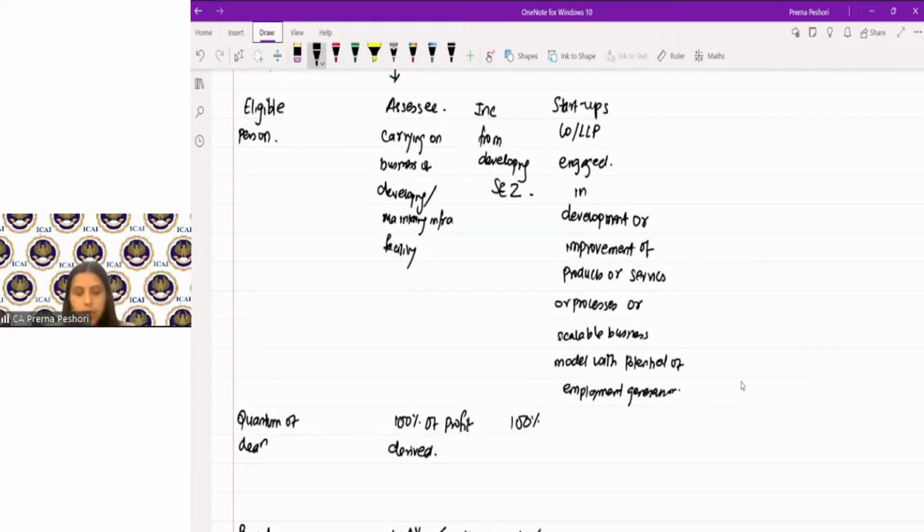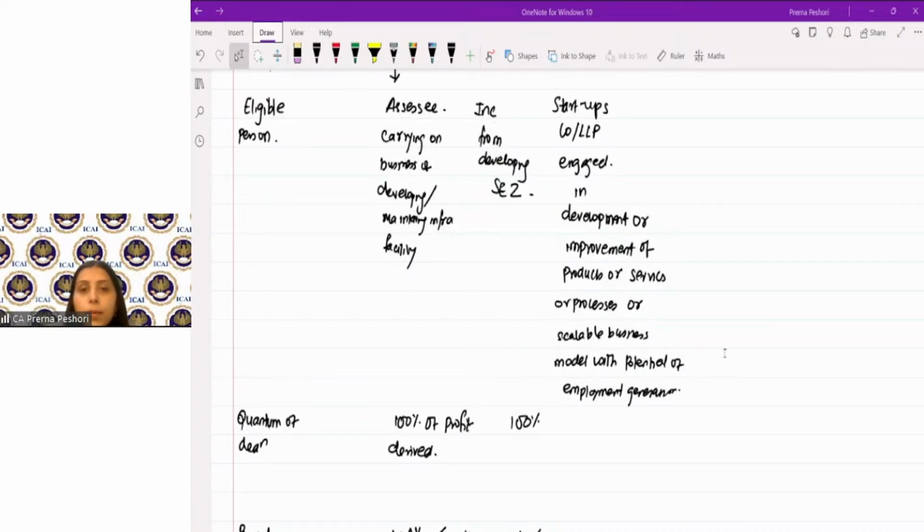Okay. Now, in this particular case, the deduction is allowed to the startups. If you have seen, we have referred to startups at various places under 54GB also. Here also, there is deduction under 80IAC. At 54GB, if you sell the house property and invest in a startup, then you will be allowed deduction, right? Now here, what are the conditions? That it should not be formed by splitting up or the reconstruction of a business already in existence, right?